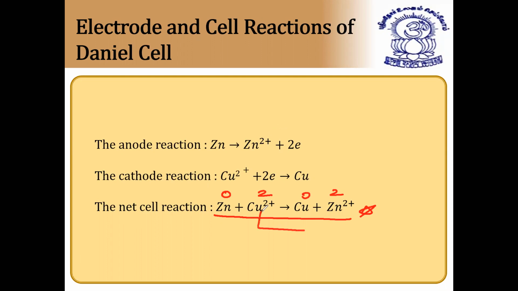So zinc is undergoing increase in oxidation number and copper is undergoing decrease in oxidation number. So increase in oxidation number is called oxidation and decrease in oxidation number is called reduction. I hope it is clear. So this is called the net reaction taking place in the electrochemical cell or Daniell cell.